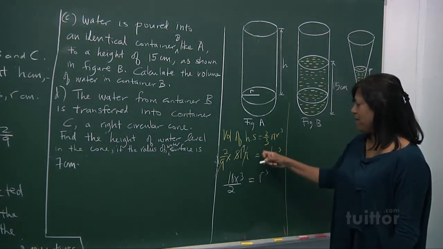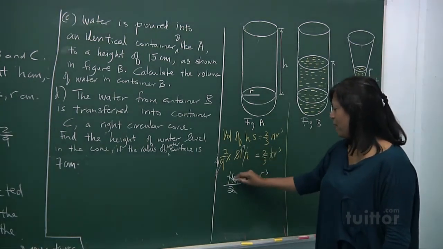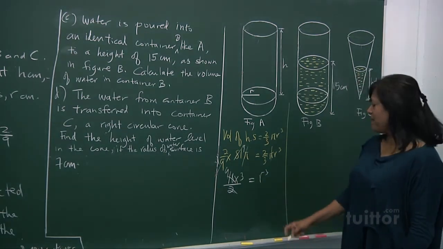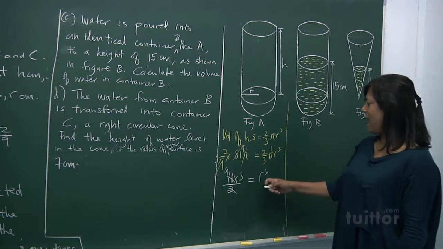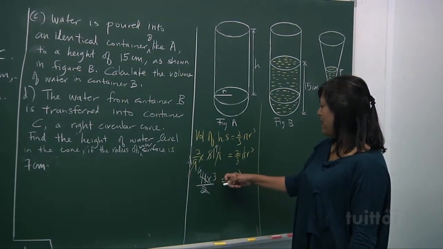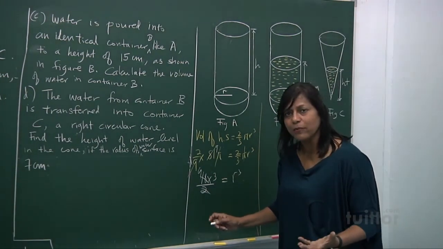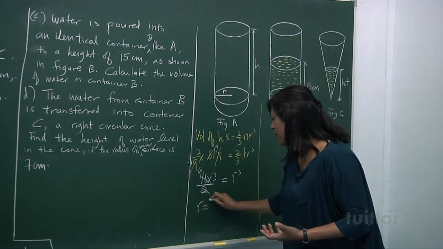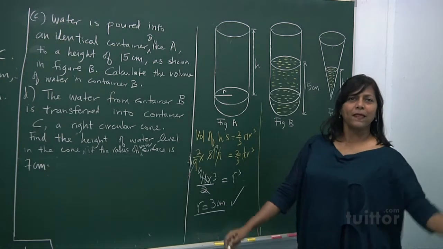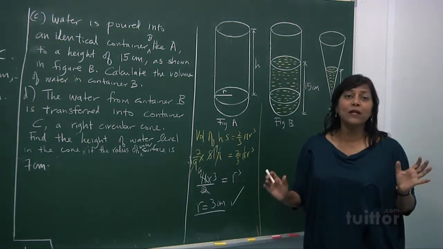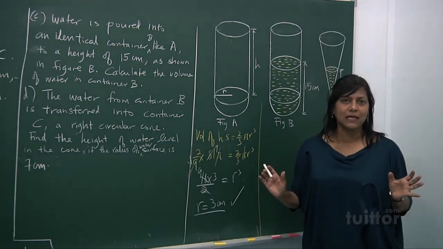Bring the 3 up, bring the 2 down. You can cancel it off and you get 9. 9 times 3 is 27. 27 is equal to r cubed. So your r will be the cube root, and that will be 3 cm. Got it? Alright?